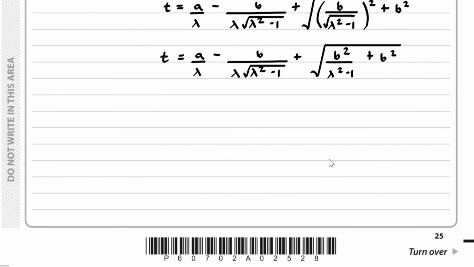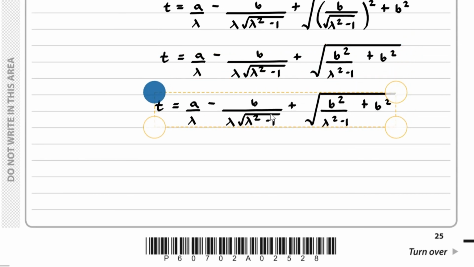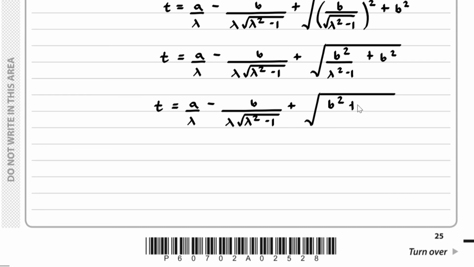So now we can simplify this. Well, if we simplify this, we can rewrite this as b squared plus b squared times lambda squared minus 1 over lambda squared minus 1.